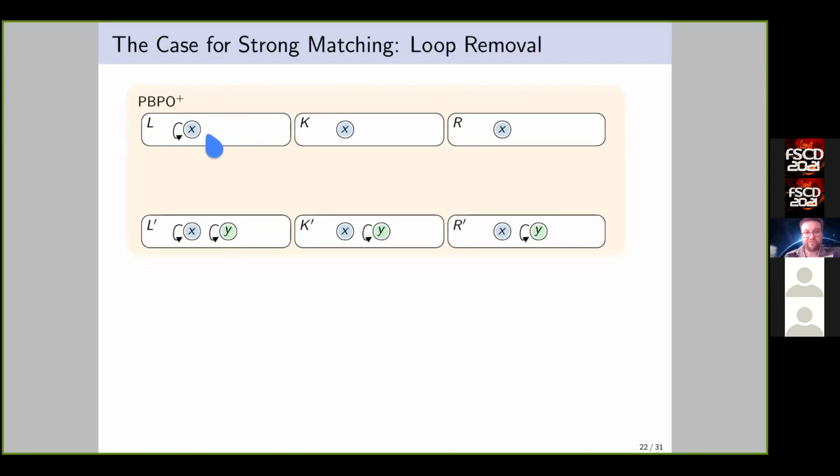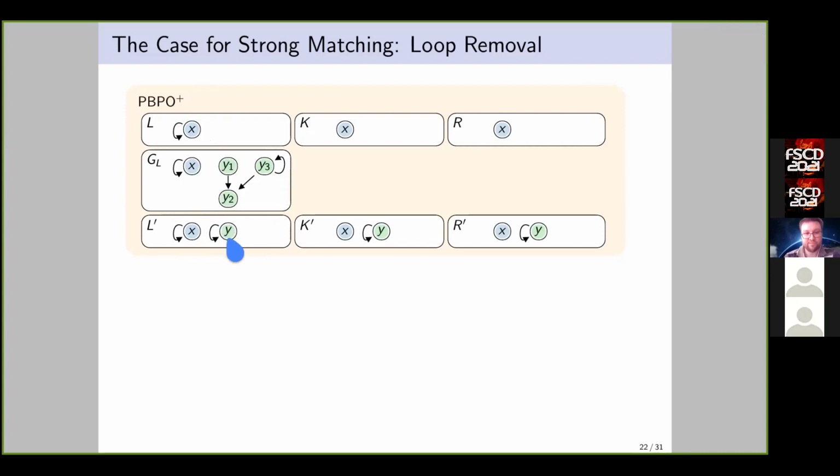So here we have a PBPO plus rewrite rule that removes an arrow from an isolated node. So we see here we have a node in the pattern with an edge, with a loop. And in L prime, we define that, okay, this is the pattern, and we can have some context. So this node Y will capture the entire context.